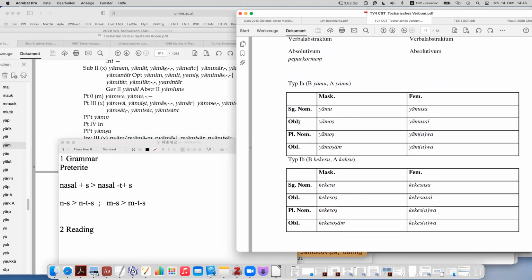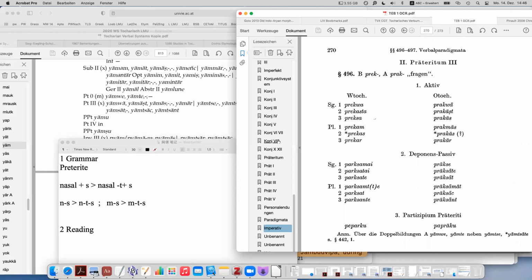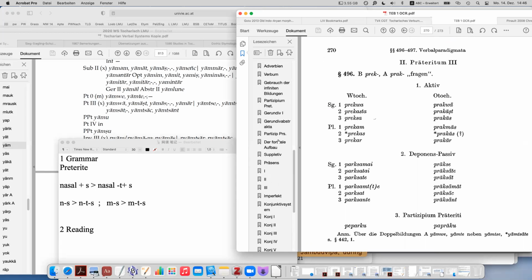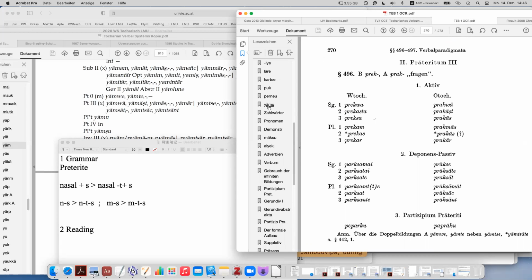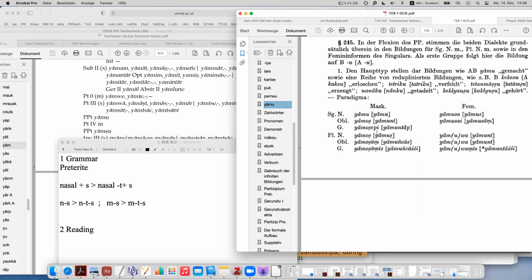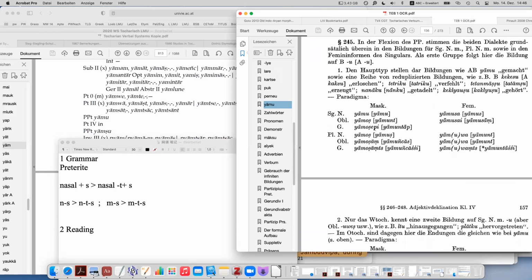You can get an accusative singular. It's called yamosh, and then you can have all the other forms. For the declension, you can get it from the textbook here. Like for yamu, you have yamosh, yamoshepi, yamoshem, yamoshens.